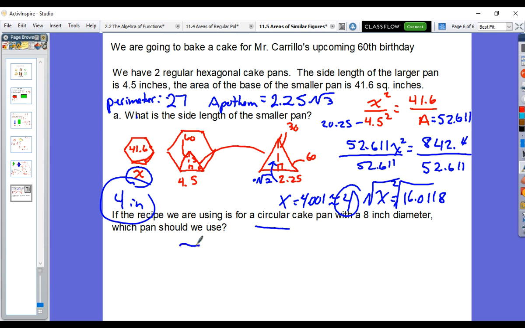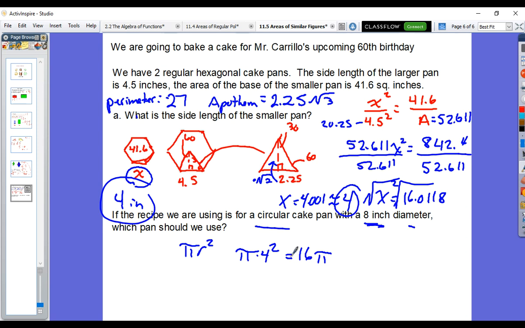So we'll do pi r squared. Since the diameter is 8, we split that in half. We'll do pi times 4 squared, so that gives us 16 pi. Let's take 16 times pi.